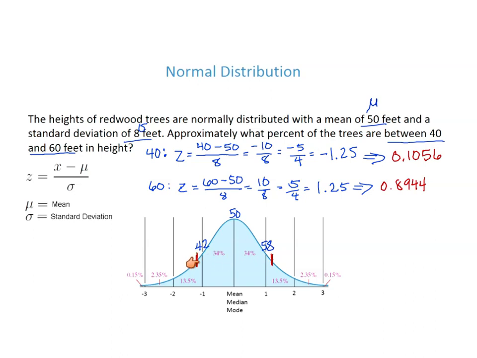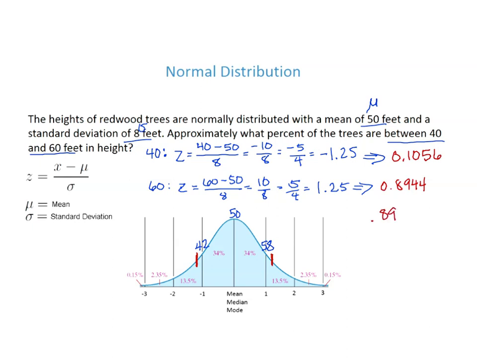So if I want to know just from this point to this point, I could take the probability that I got for this whole thing here up to this red line, and subtract this part. So I'm going to do my z-score for 60 minus my z-score for 40 so that I can get the part that's in between. So we're going to subtract these.